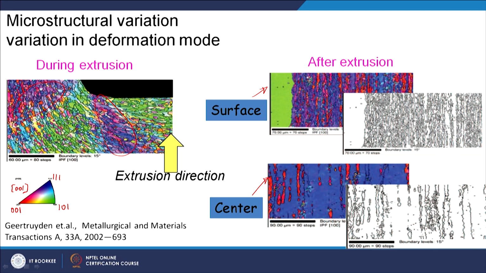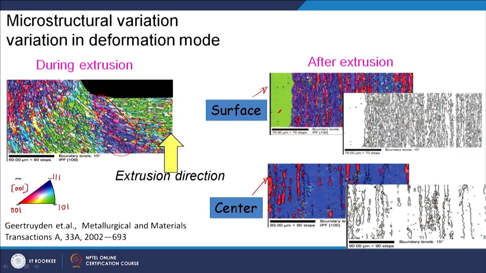At the surface the microstructure is more refined because maybe the strain is higher there. Also you can see a very coarse grain here, a very big green grain, and the rest of them are very fine. That means more strain is seen by the surface and less strain is seen by the center.